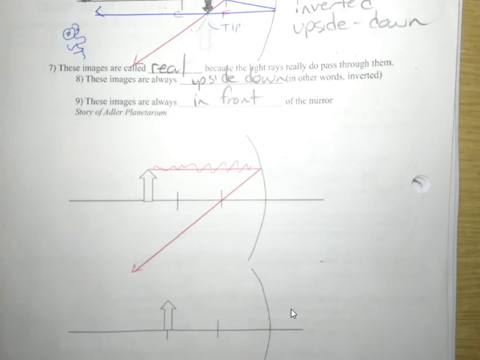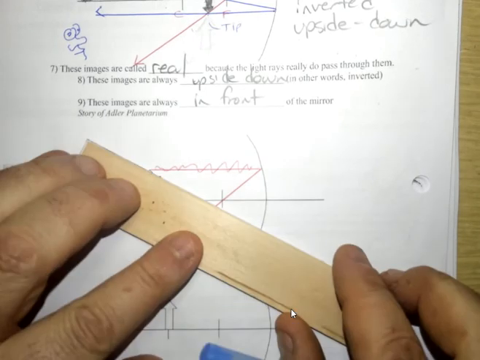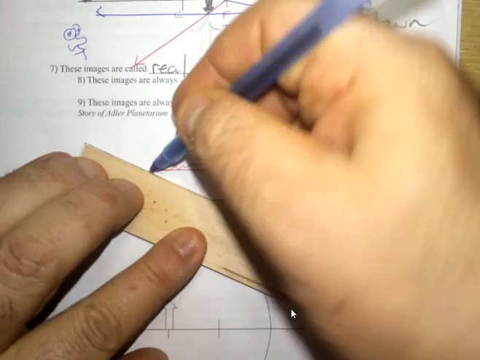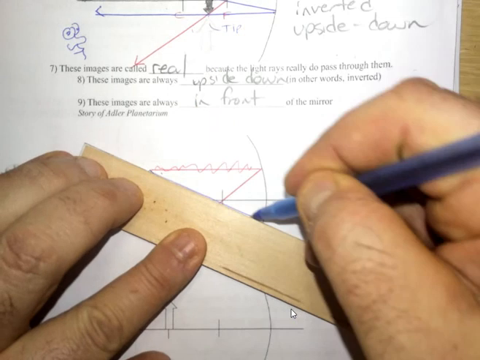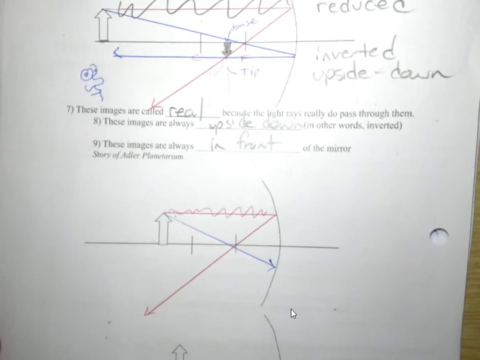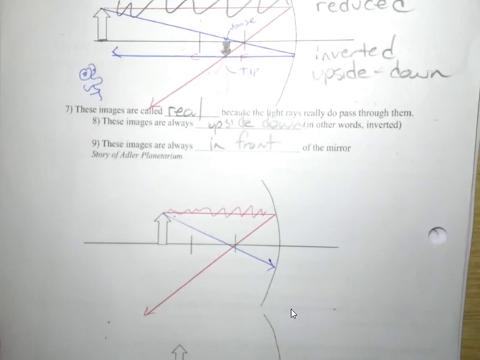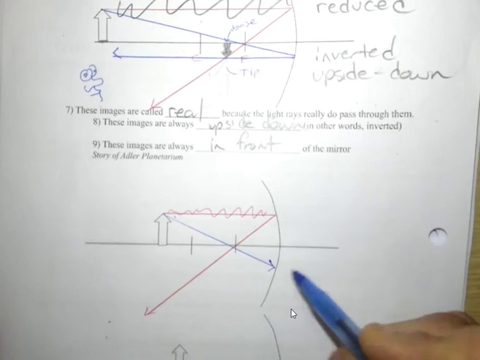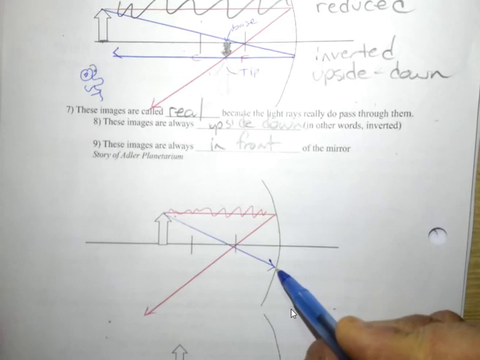Next, draw the ray from the top through the focal point to the mirror. Is that ray any different? Yes, it is a little bit different. It's a little bit steeper, right? It's going to hit the mirror a little bit lower.